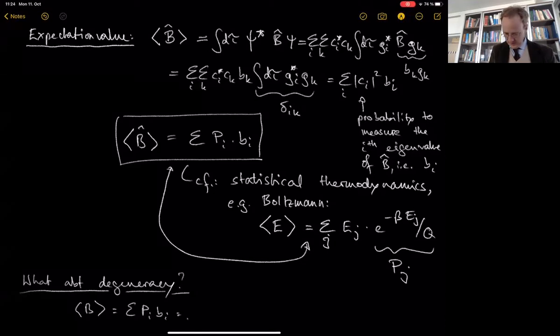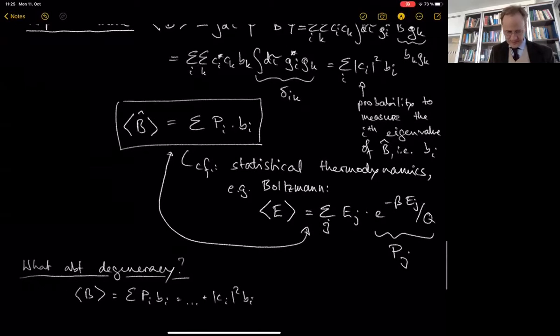So this means you have some Ci squared Bi plus Cj squared Bj plus Ck squared Bk and so on, right?